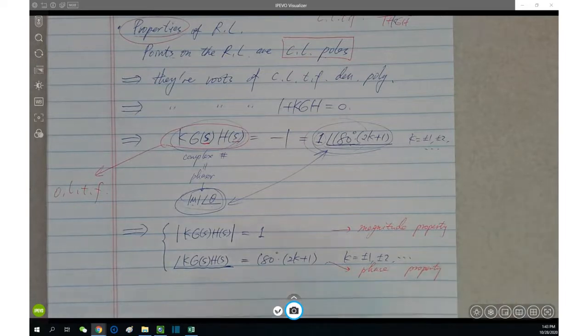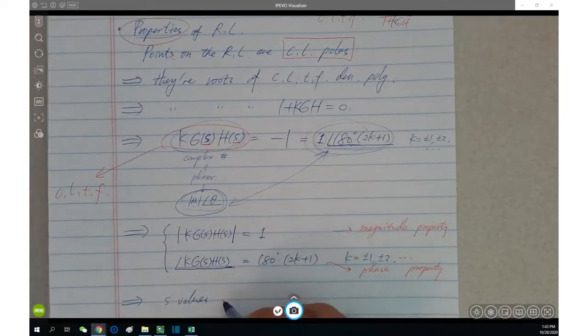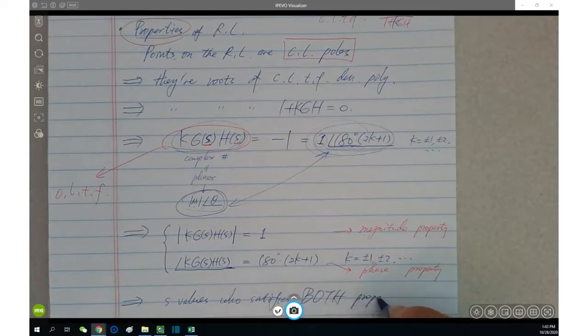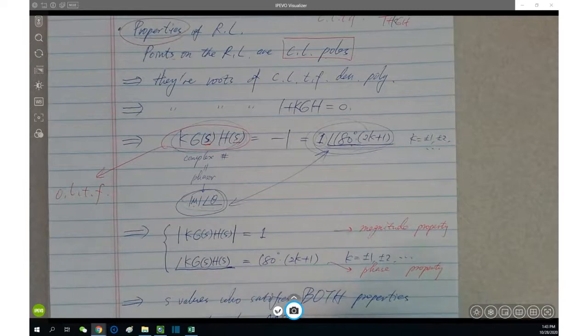And this is also telling you what? The S value to satisfy both properties are what? Closed loop poles, and on the locus.